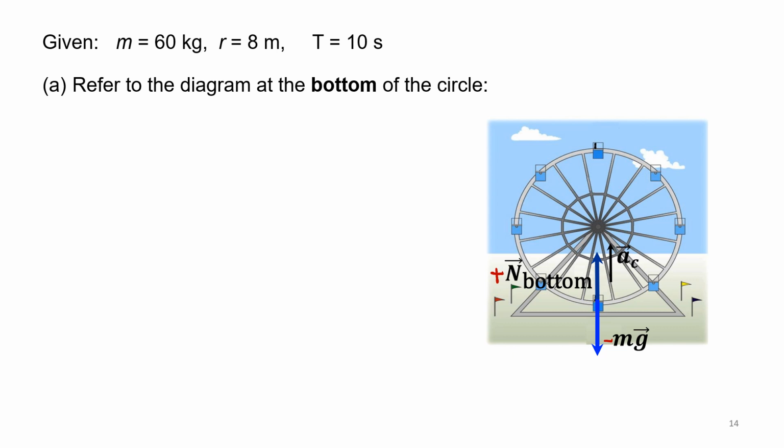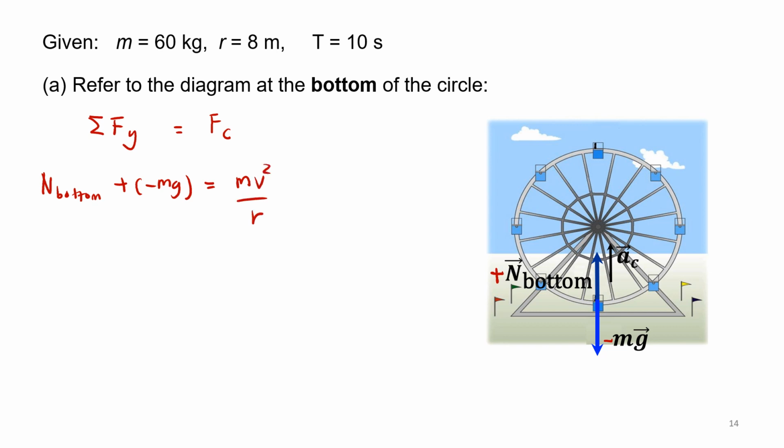So now we can write the total force. So the net force in component Y is equal to the centripetal force Fc. So the forces that we have, N bottom plus negative mg is equal to mv squared over r.